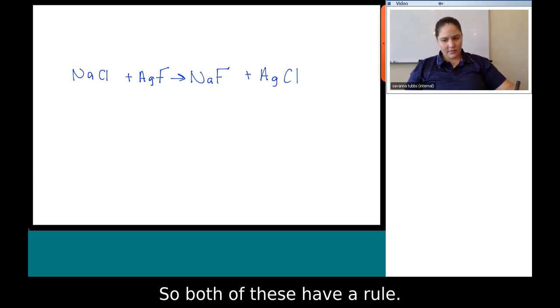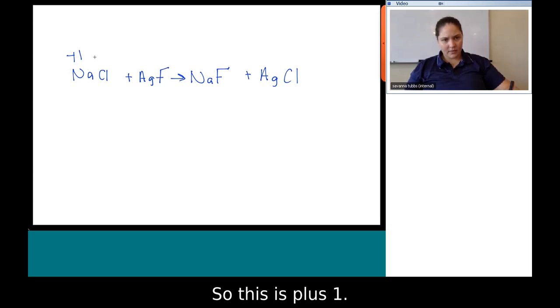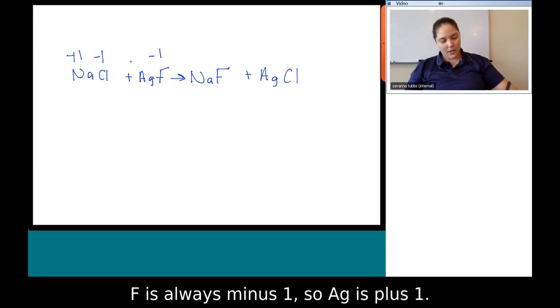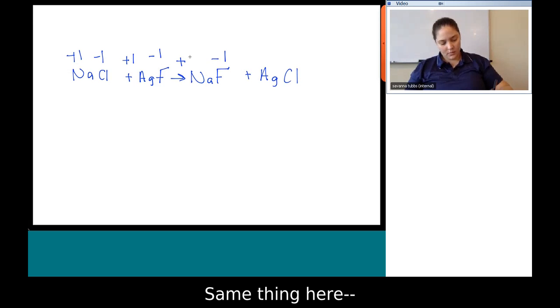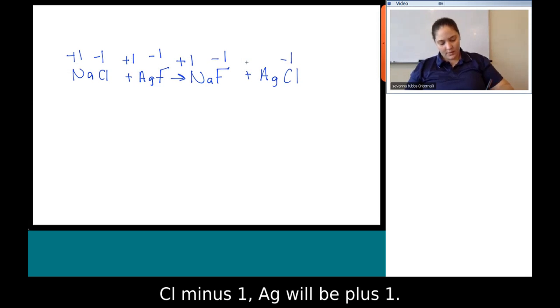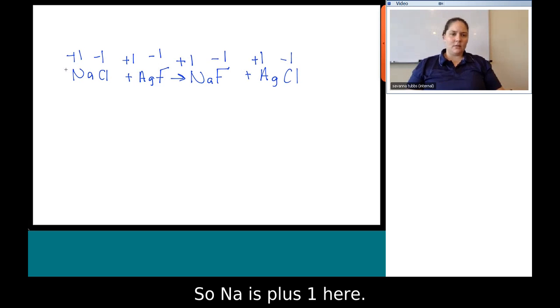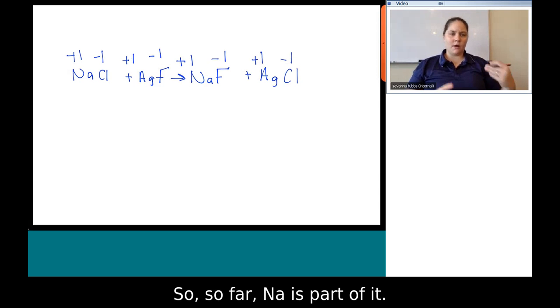So both of these have a rule. So this is +1, this is -1. F is always -1, so Ag is +1. Same thing here. Cl -1, Ag will be +1. So Na is +1 here. It's also +1 here.